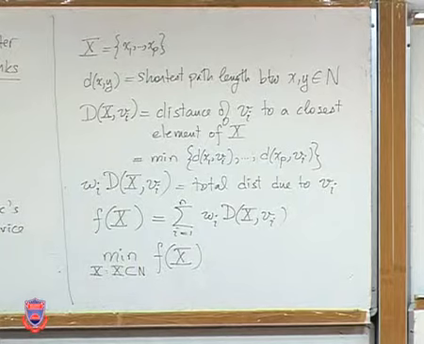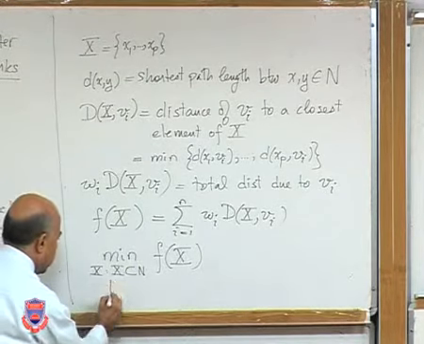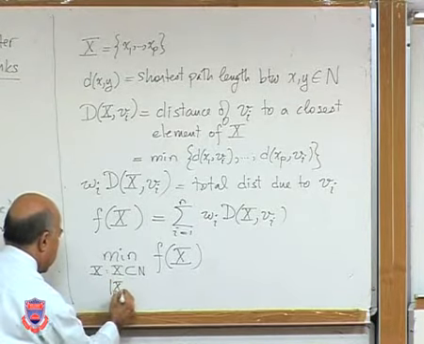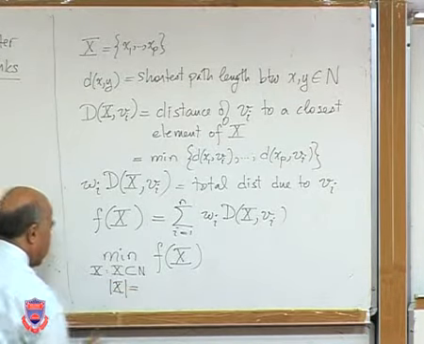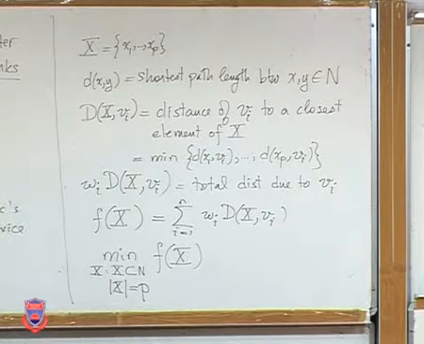In other words, it consists of points from the network with additional stipulation: the cardinality of X, or the number of elements in X, is equal to p. These are your restrictions that you should obey when you do your search.